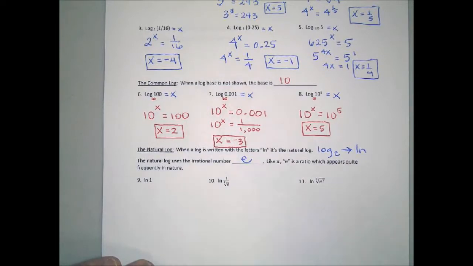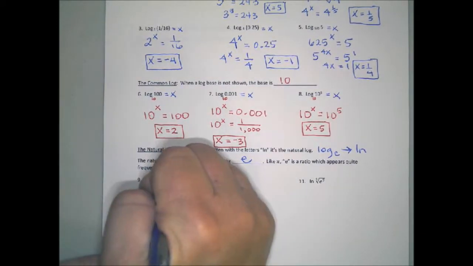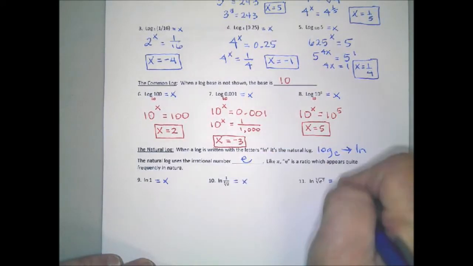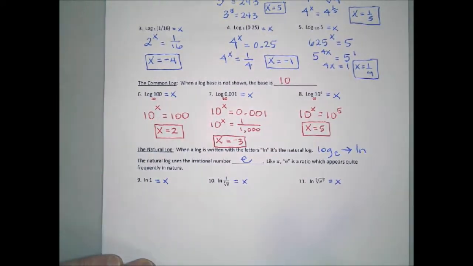Okay. Now I'm going to do the same thing I've done with all the others. I'm going to put equals x, equals x, equals x. And then the next thing I'm going to do is go out of log form and into exponential form.